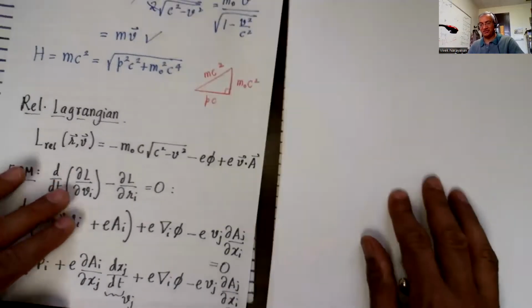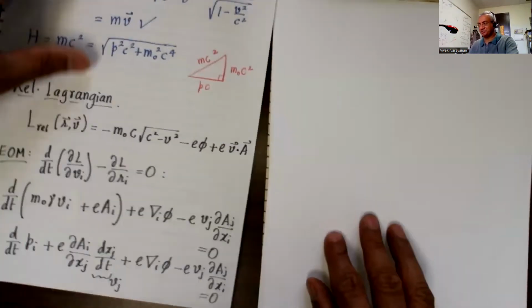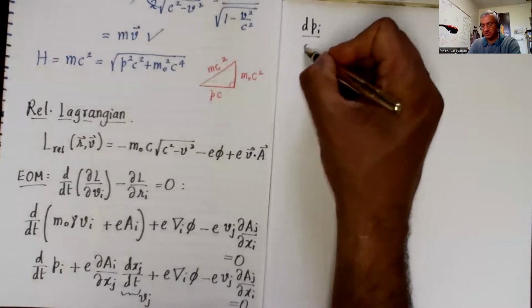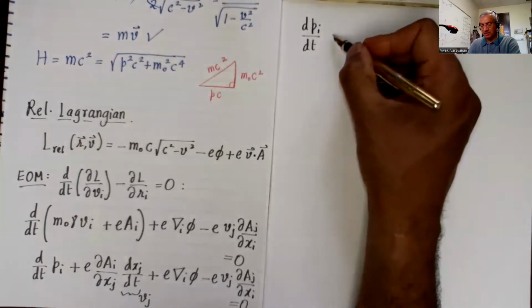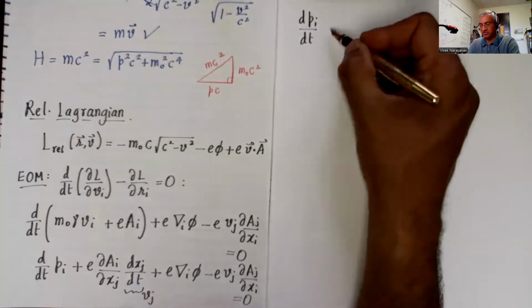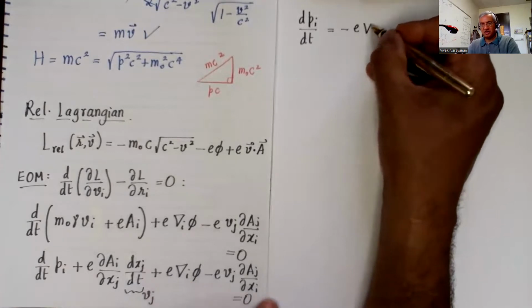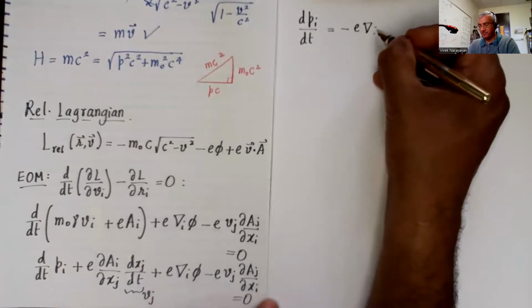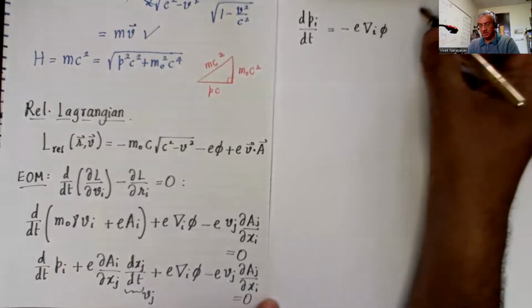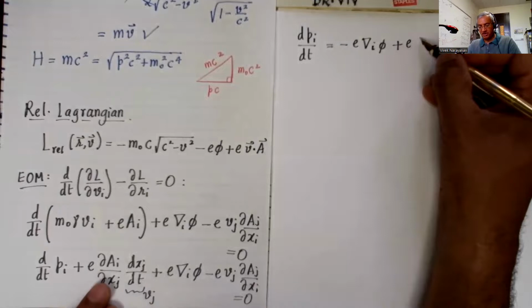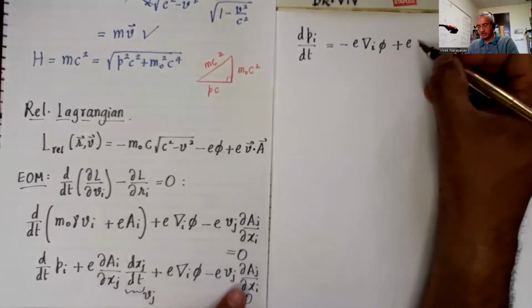So let's go to the next step. That gives me a dp_i by dt. I'll bring everything to the right side. So that's equal to negative E, the ith component of the gradient, del_i phi. And then plus E times, I brought this to the other side, so that becomes positive, that becomes negative when I bring it to the other side.